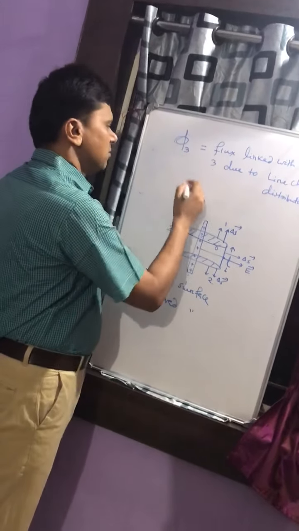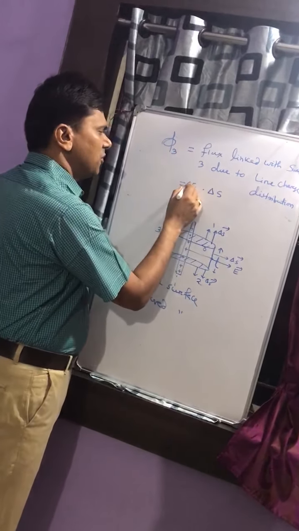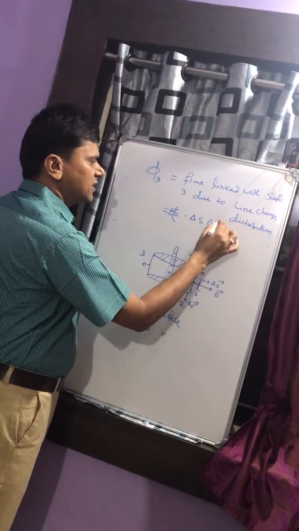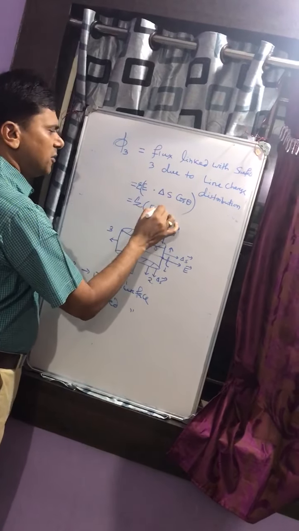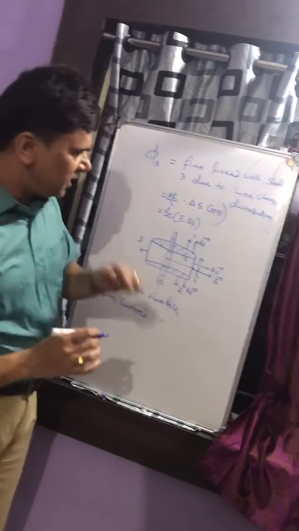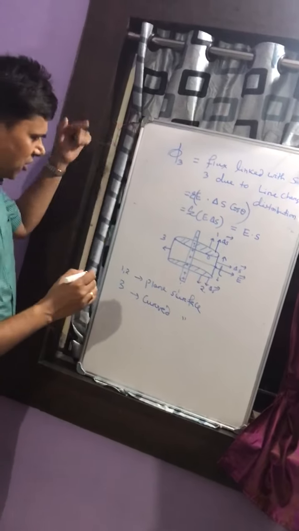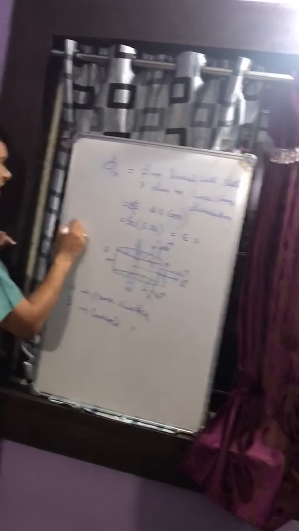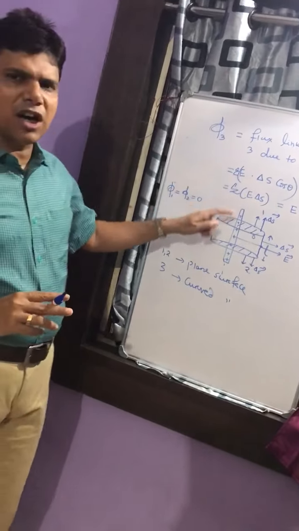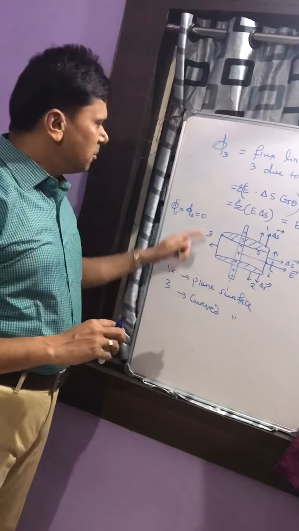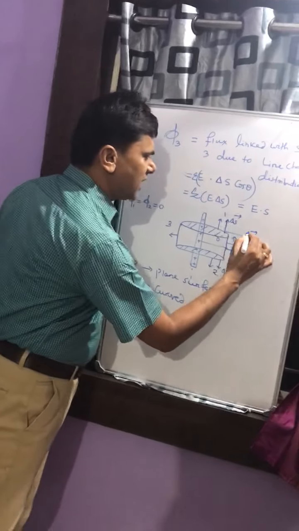In this case our flux will be the summation of E into delta S cos theta, and since cos theta is 1 here, theta being 0 degree, it will ultimately be E into S. For the other two surfaces, phi 1 and phi 2 will both be 0, because in these two cases the electric field is perpendicular to the delta S vector.